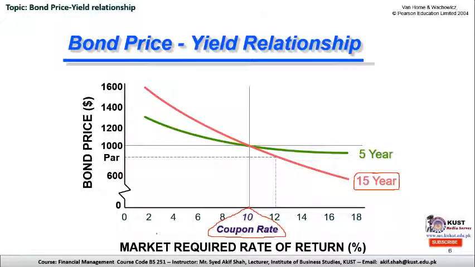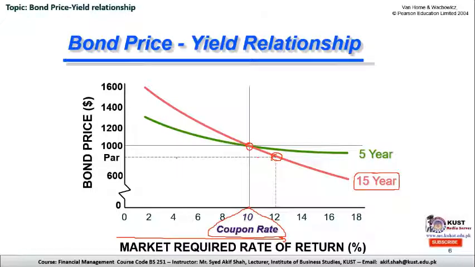And the question states that when the market required rate of return jumps from 10% to 12%, like this, this was the previous balancing point. However, at the intersection point, if the market required rate of return increases from 10% to 12%, it will intersect the 15-year maturity bond at this particular point.